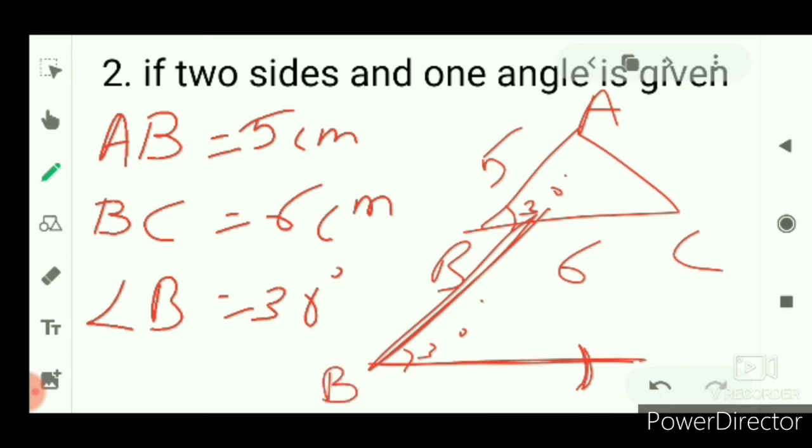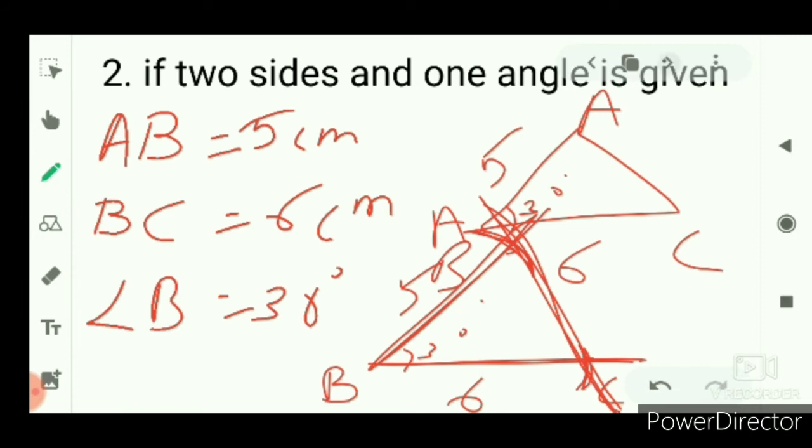This is the point B, and this 6 cm is BC. Then we will take a distance of 5 cm and make an arc on this side. This is the point A, of 5 cm. Then we will join these 2 points like this. So this is the required triangle ABC.